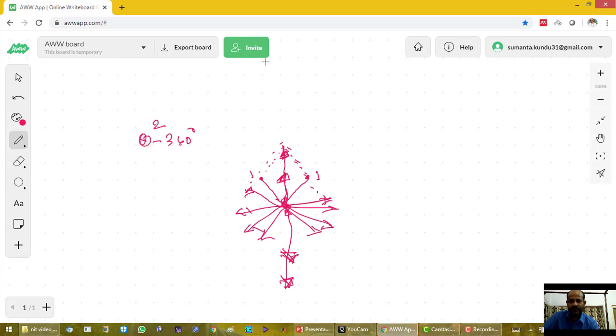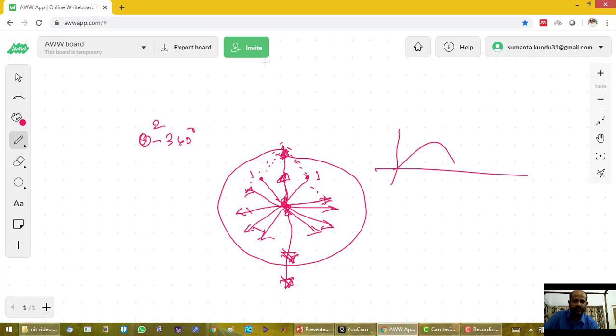So this is basically the nature of a sinusoid: 0, positive values, then maximum value, then some negative values, negative maximum, and again it becomes 0 in the span of 360 degree.